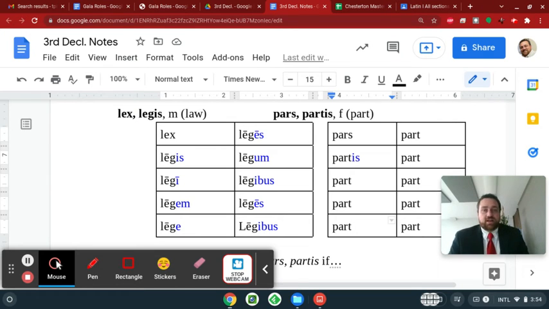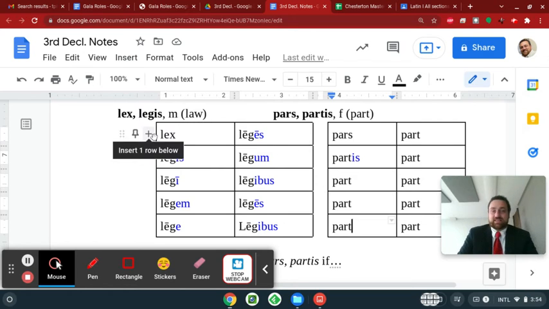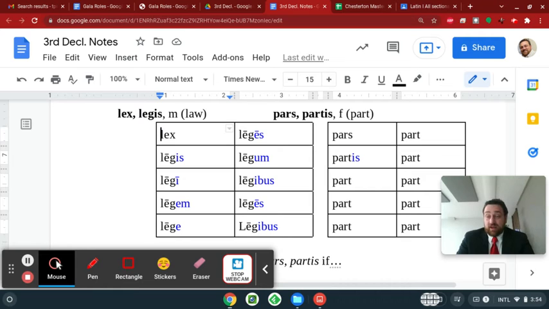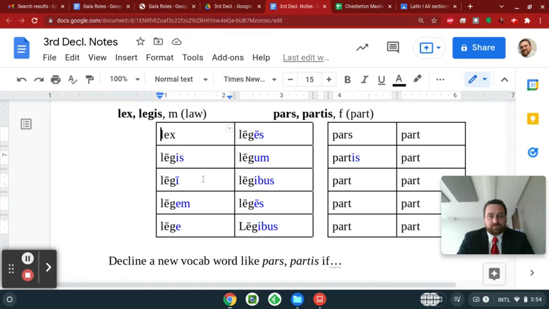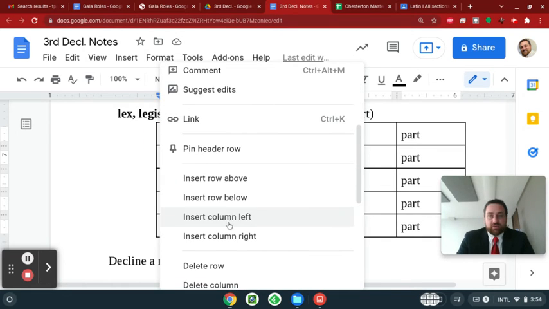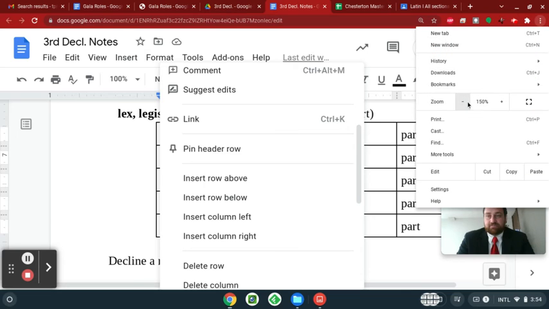So what I'm going to have you do first is make a chart for lex legis. Now, you don't see the nominative, genitive, accusative labels on this chart, but it would be a good idea if you included them.